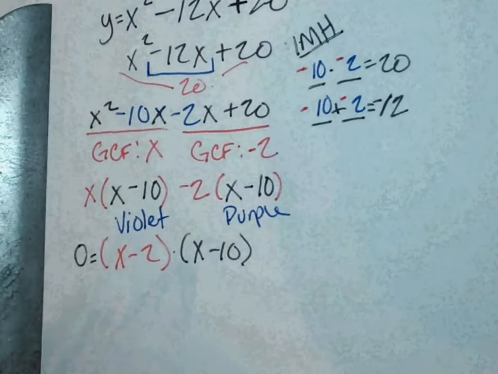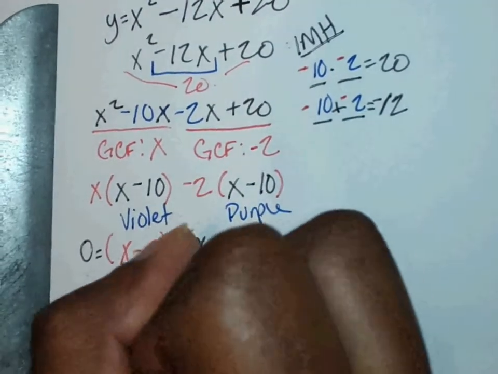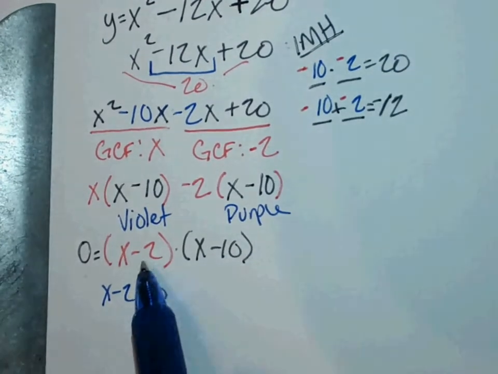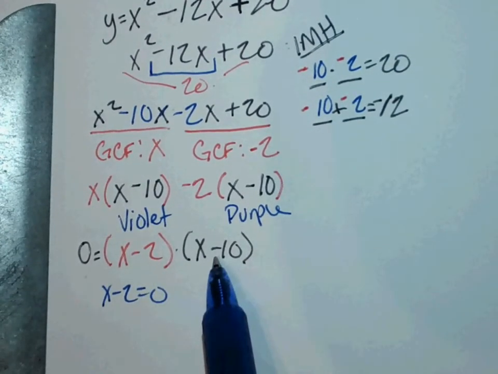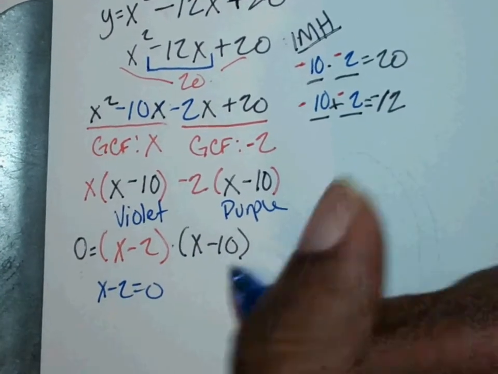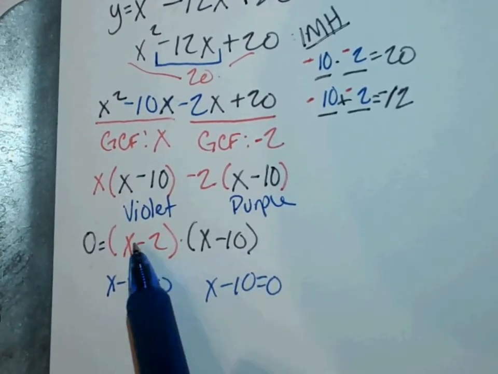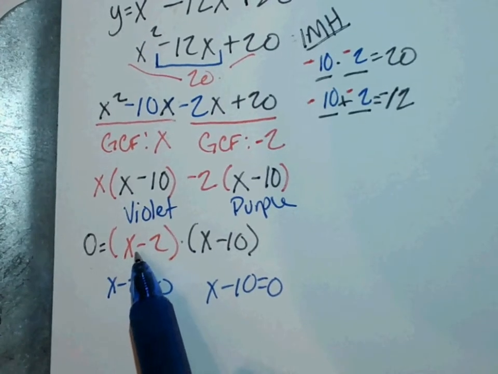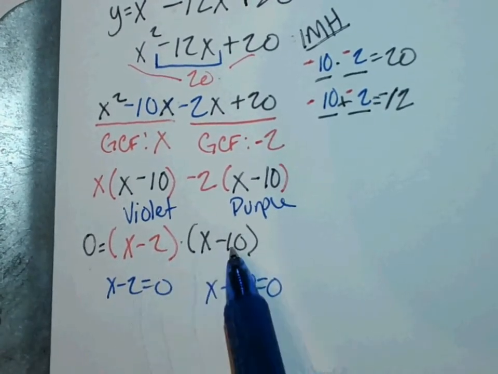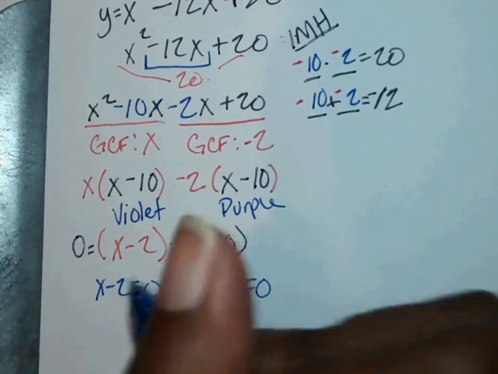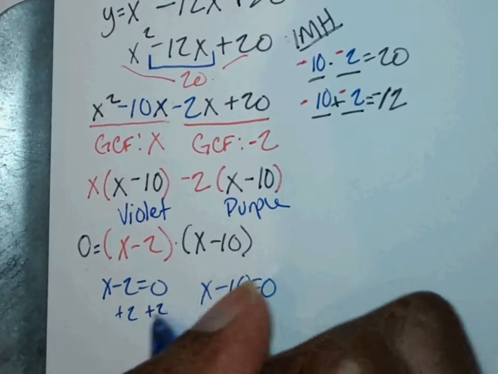So either x minus 2 is going to be 0, because then this is 0. Whatever this number turns out to be, I'll still get it equal to 0. Or x minus 10 will equal 0. Because if this was 0, whatever this is, doesn't matter. It could be 15,000. 15,000 times 0 will get me my 0. So, solve.